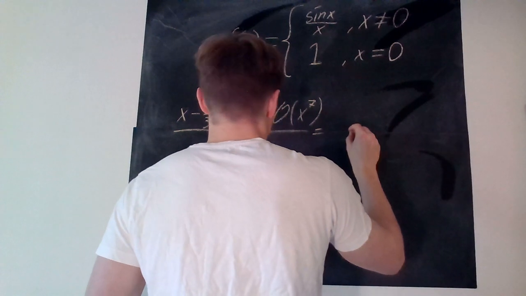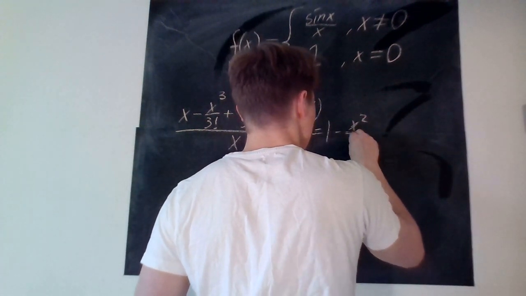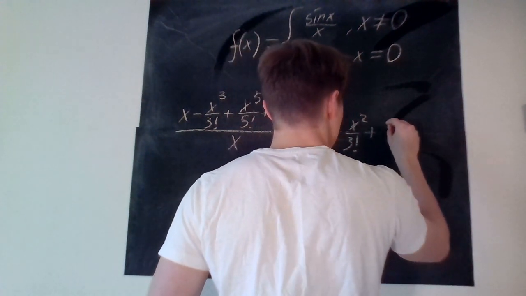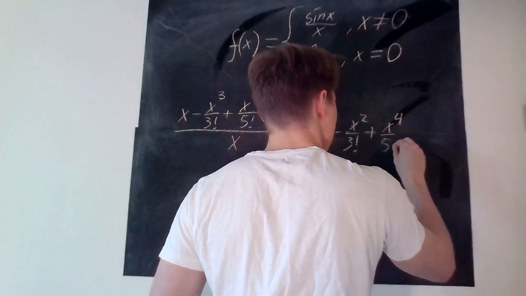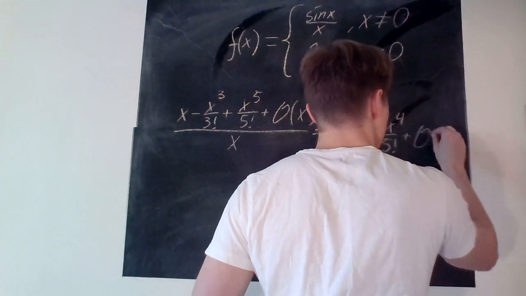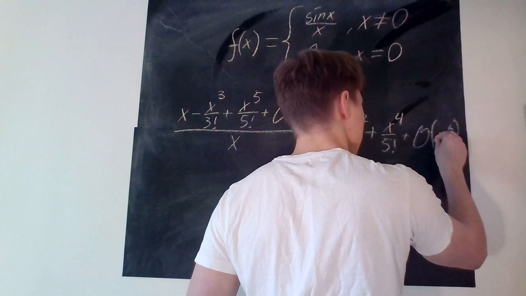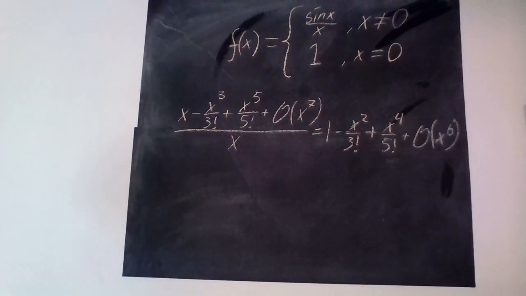And this is equal to 1 minus x^2 over 3 factorial plus x^4 over 5 factorial plus big O of x^6. Yes, and now we're done with that.